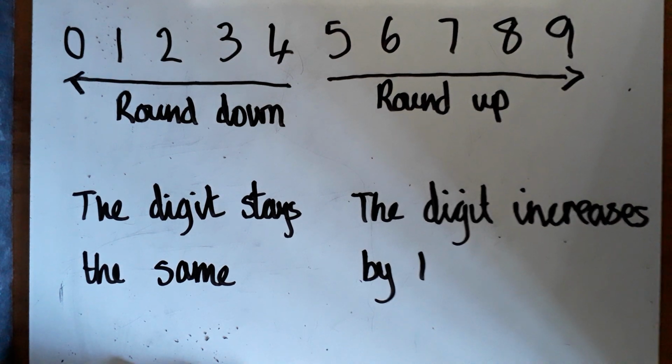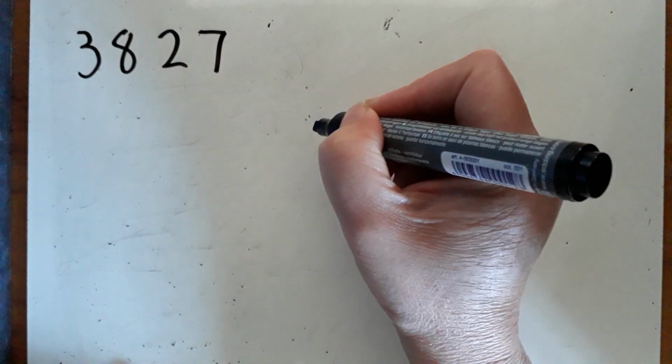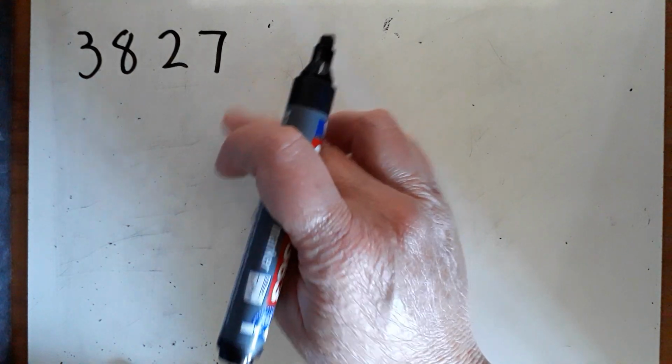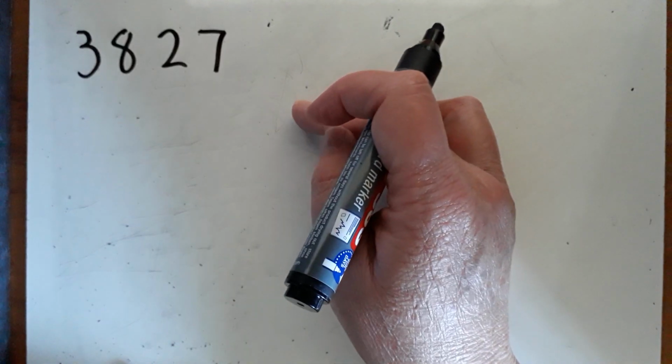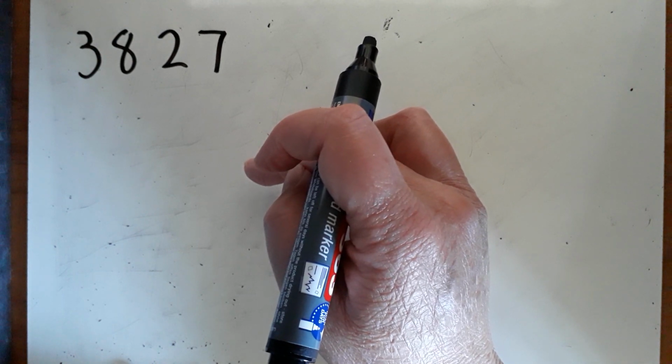All right, so let's have a quick example. Here we have the number 3,827. I want you to round that number to its nearest 10, to the nearest 100, and to the nearest 1,000.